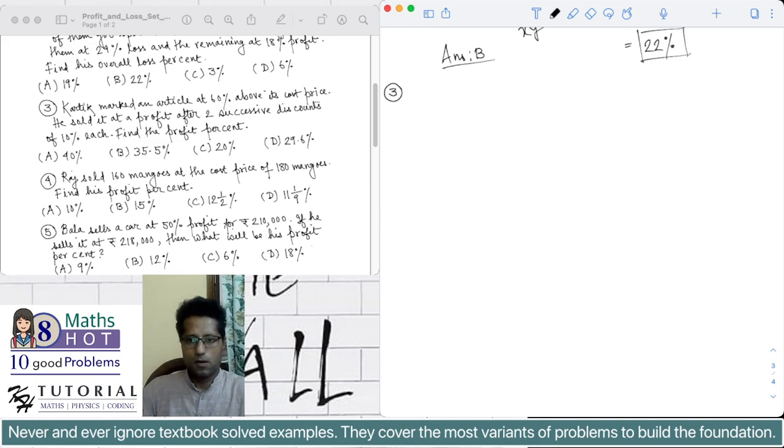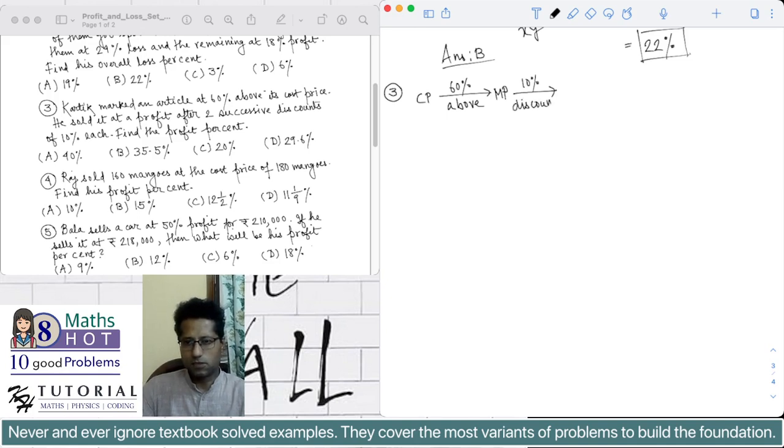Okay. So Karthik marked an article at 60% above its cost price. Diagrammatically, from the cost price we have the mark price, and the mark price is 60% above the cost price. From the mark price, there are two successive discounts of 10% each.